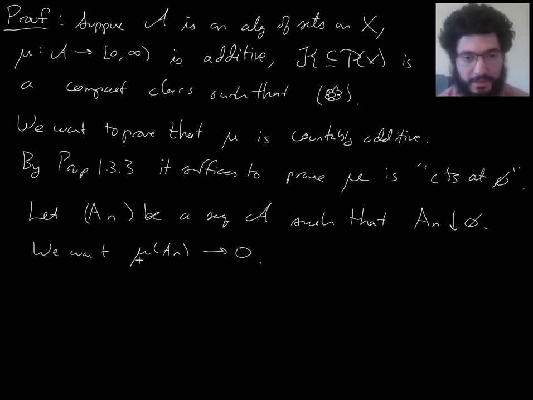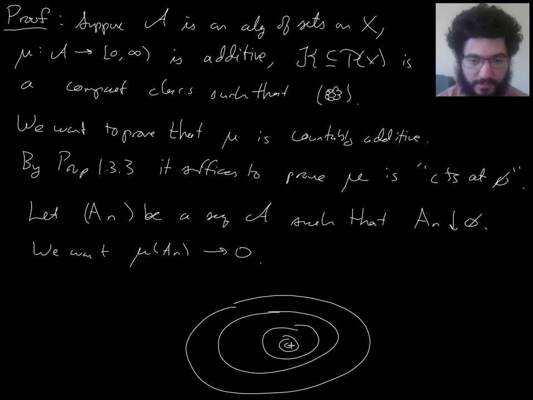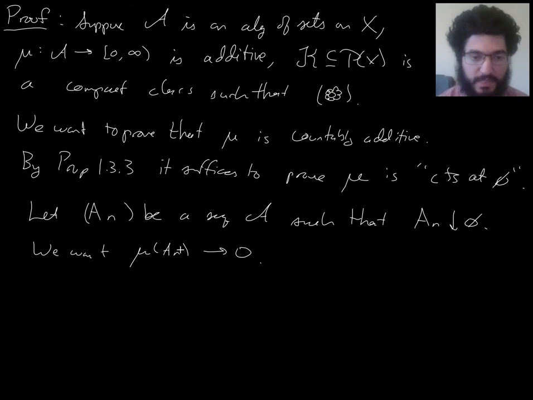Okay, so let's think about this sequence of real numbers, mu of ANs. So the ANs are like decreasing, right? Like A1, A2, A3, they're nested like this, and when you intersect all of them, you get the empty set. Let's think about this sequence of mu of ANs. It's a sequence of non-negative numbers, right? Mu is always taking non-negative values.